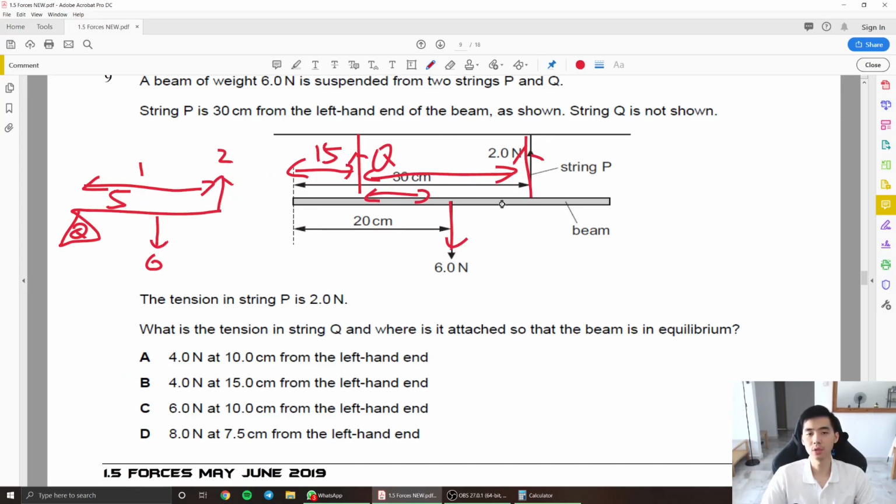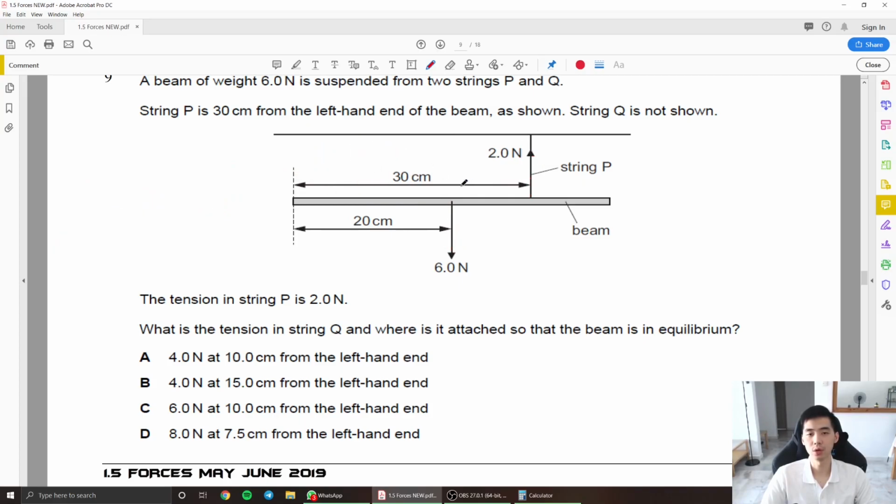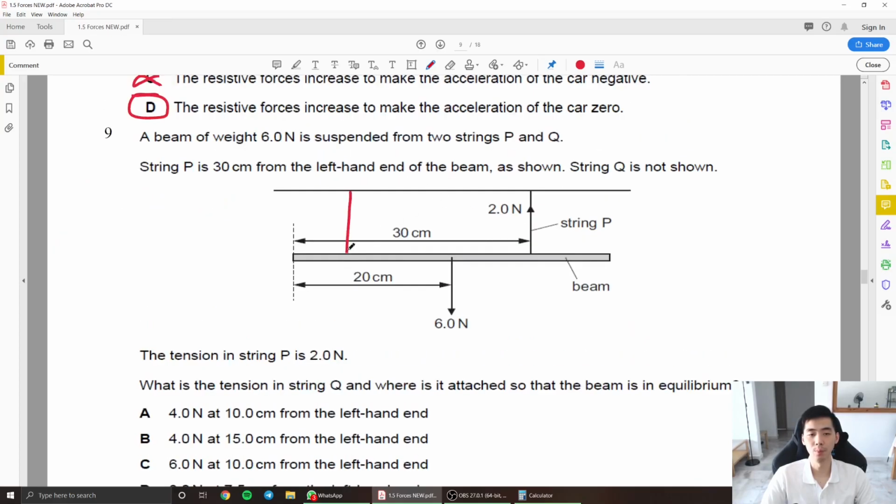Guys, when you're dealing with all these string questions, right? You have to make one of the strings the pivot so that you eliminate one of the forces away, then you can do moments in equilibrium and find which one is actually in equilibrium.